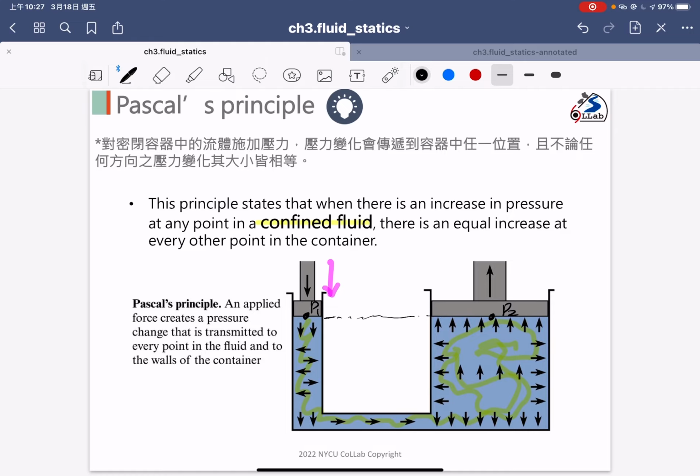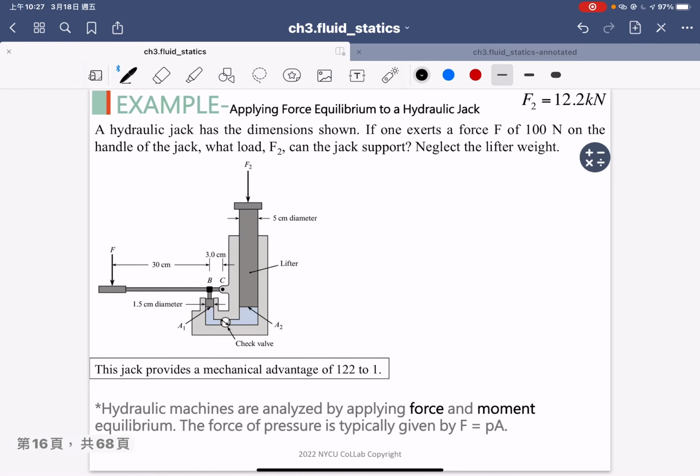If we apply this idea to a real case, we have the exercise showing here. We have a large force here. I plot the horizontal line here, and I have the external force F1 acting on this point.